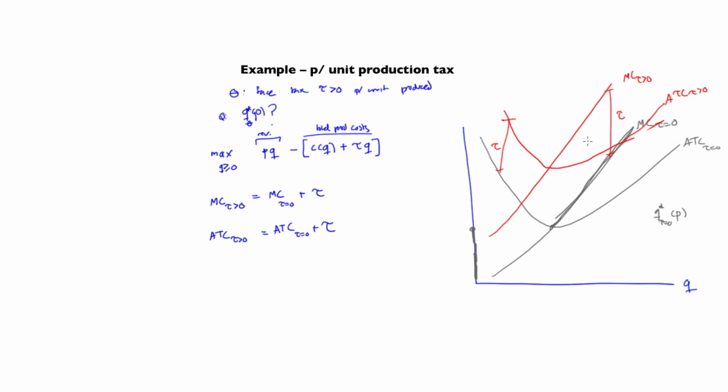Now, under this new regime, by the same logic as before, what does the supply become? Well, you supply there and there. That will be Q star for tau greater than 0 of P. Notice all that has happened basically is that the supply curve, the positive amount, has been shifted up by tau units.